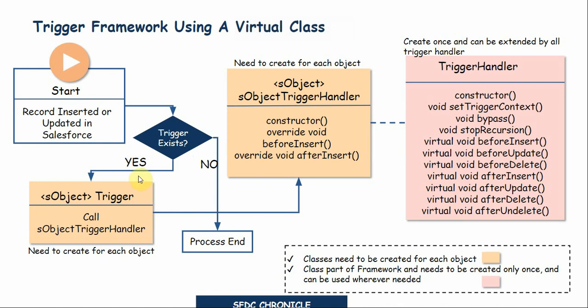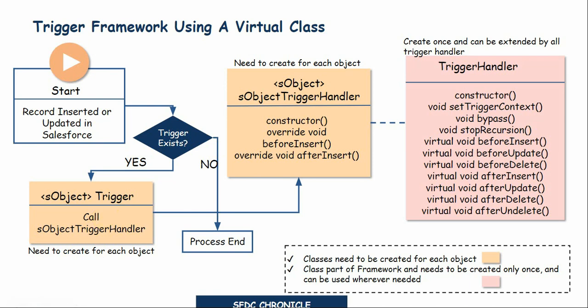In this particular diagram, the orange one is the one that you need to create for each object, and the trigger handler is part of the framework. So you need to create a trigger for each and every object, only one trigger, and you need to create one trigger handler for each object.